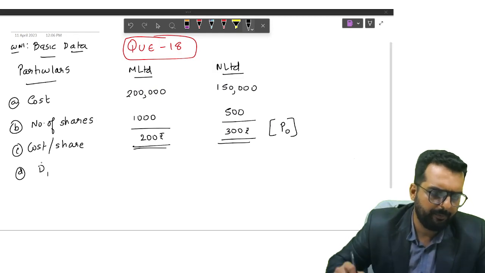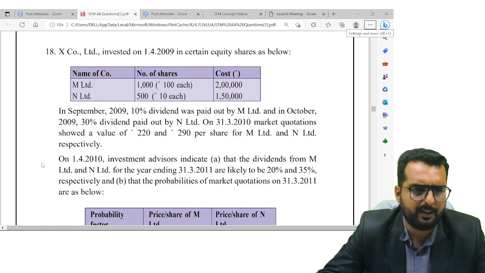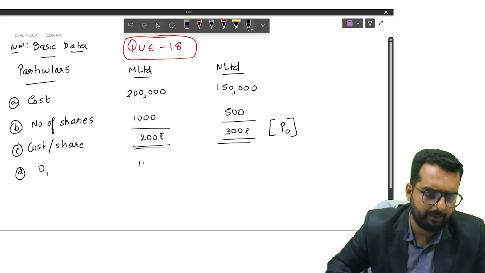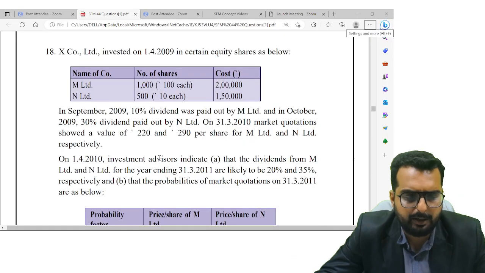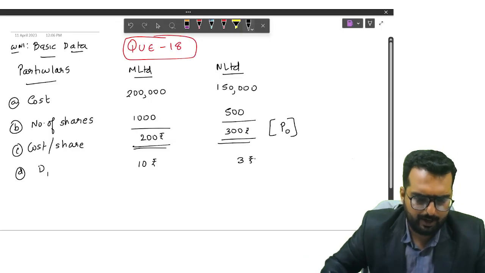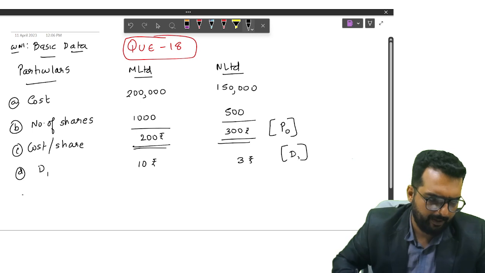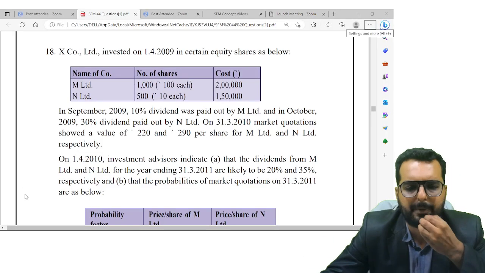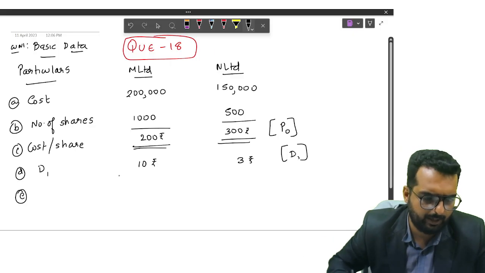I'll write down D1. They have told 10% on the face value, that will be how much? 10 rupees. Other one is 30% on 10 rupees. So that will turn out to be how much? 3 rupees. This is your D1. And down I think they have also given the price. P1 is given as 220 and 290.